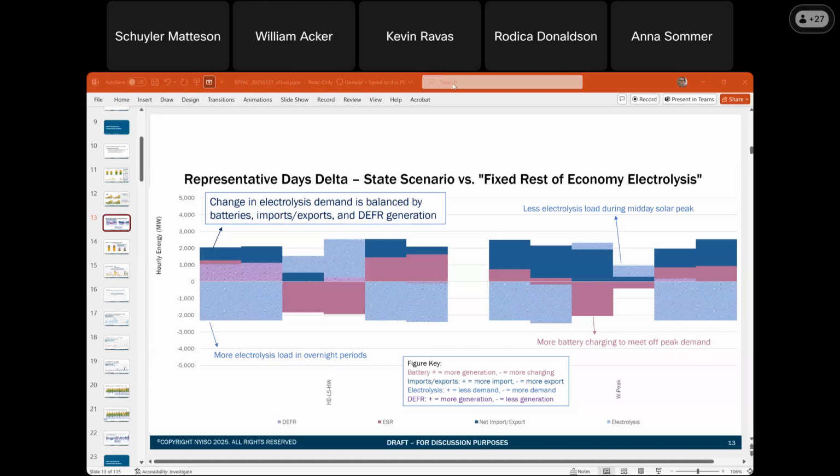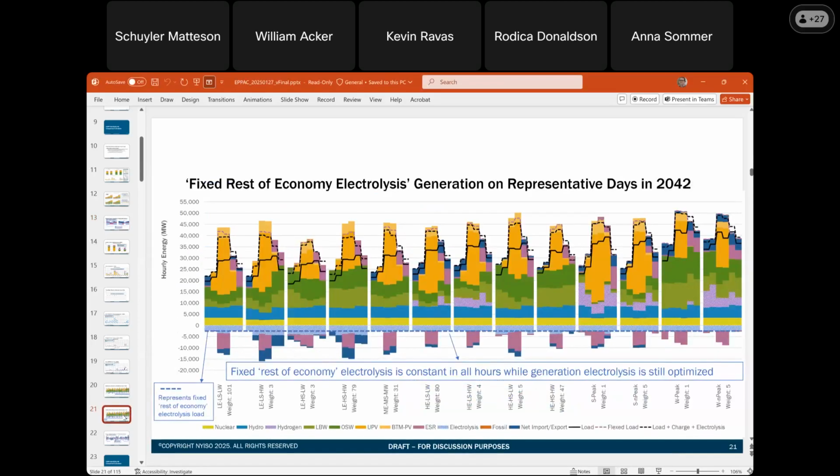I'm curious, can you tell from the modeling how often this sort of scenario is going to exist of the nighttime running the defer to make hydrogen? Is this something that is on your extreme load case days only, or is it most of the time?